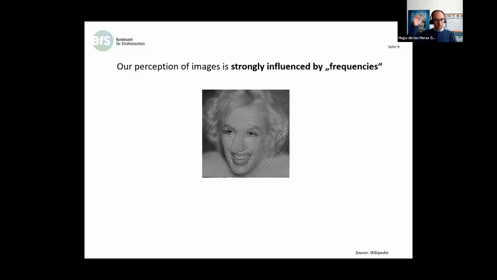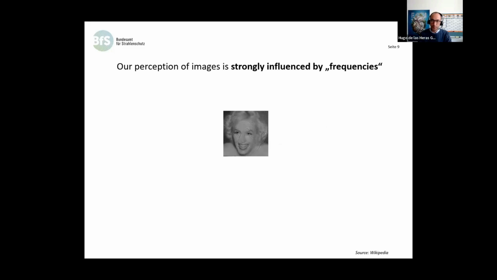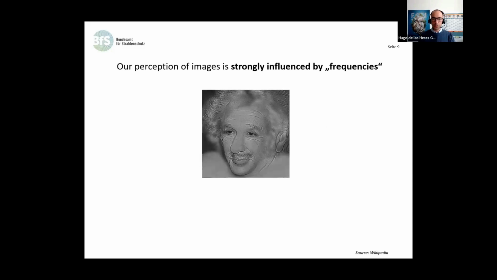And look at this. If you're looking at the images that you see in the computer, you will probably see the details of Albert Einstein. But if you go far away from your computer, and let me help you do that, you will see better the image of Marilyn Monroe, I guess. This is because both images are superimposed, and the perception of our images is really very influenced by the frequencies.